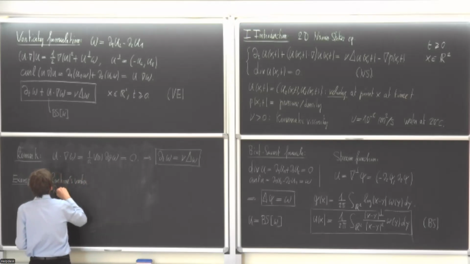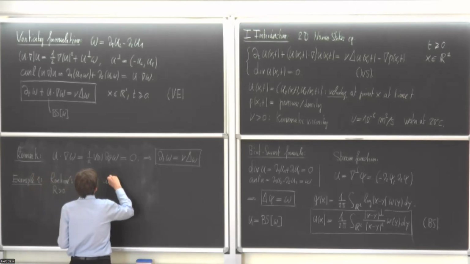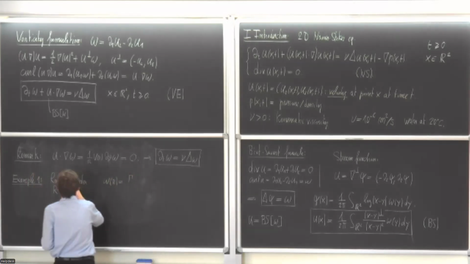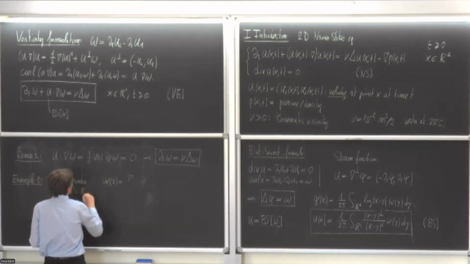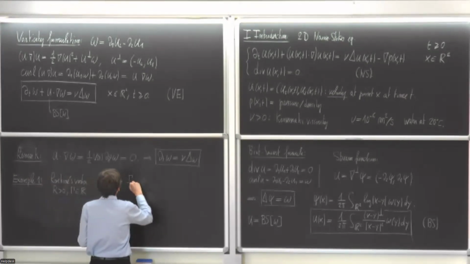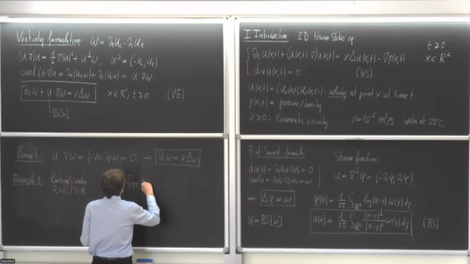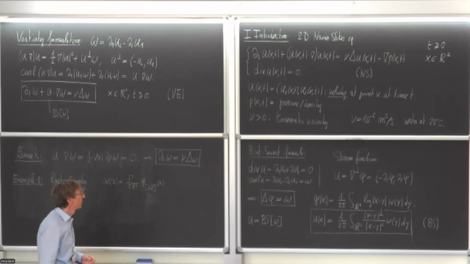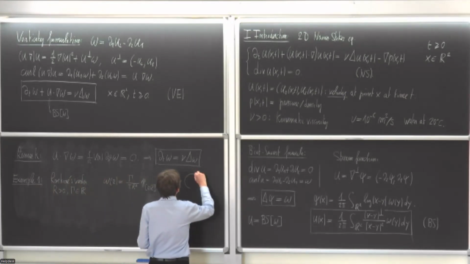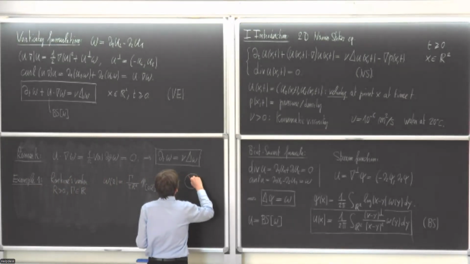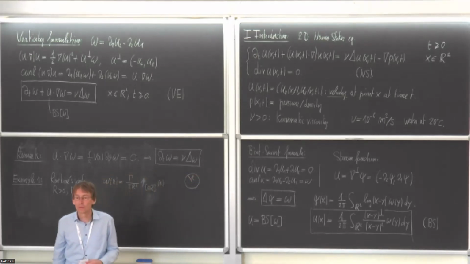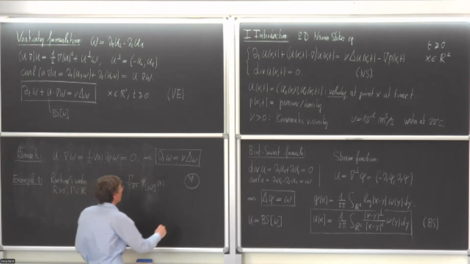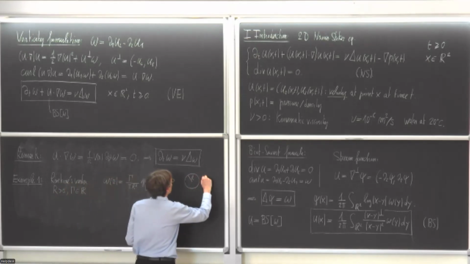So you fix some parameter capital R, and you take omega of small r to be gamma over pi R squared times the indicator function of the interval from 0 to R, where you also fix some parameter gamma, which will be the intensity of the vortex. So you suppose that the vorticity is just, up to a multiple, the indicator function of some radially symmetric disk. The vorticity is constant inside, 0 outside.